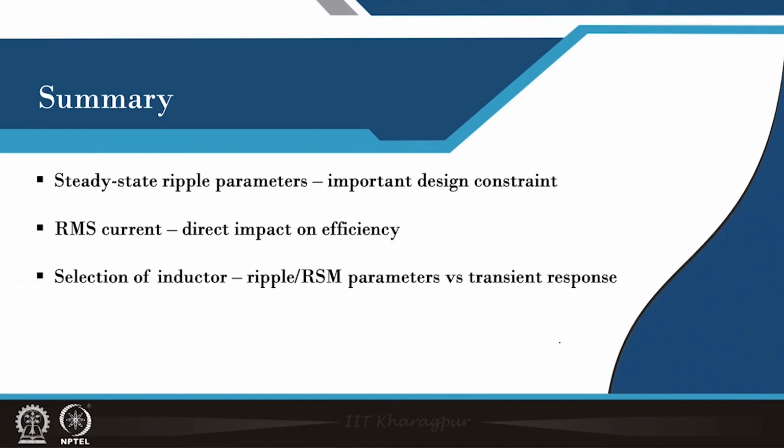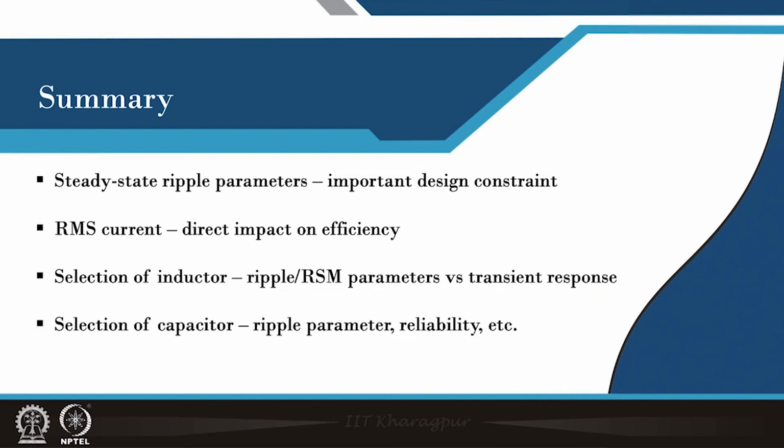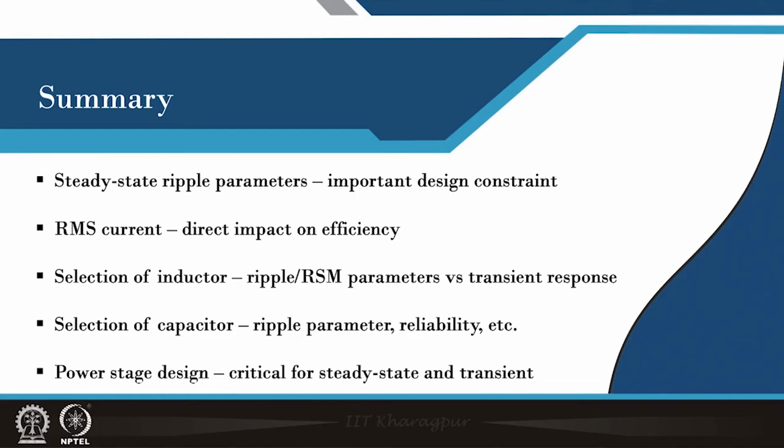The selection of inductor is discussed, that means it is a trade off between the steady state RMS ripple parameters as well as the transient response. The selection of capacitor is important in terms of ripple parameters as well as its reliability. So, we have to carefully design inductor and capacitor. So, the power stage design is very critical and it has to be designed not only from steady state standpoint, we should also keep in mind the transient point of view.